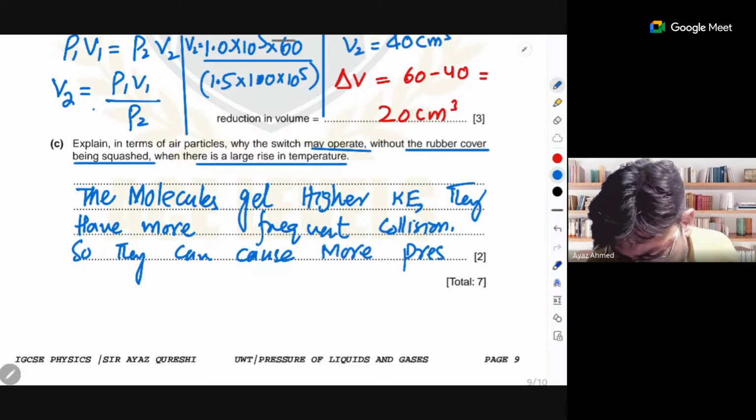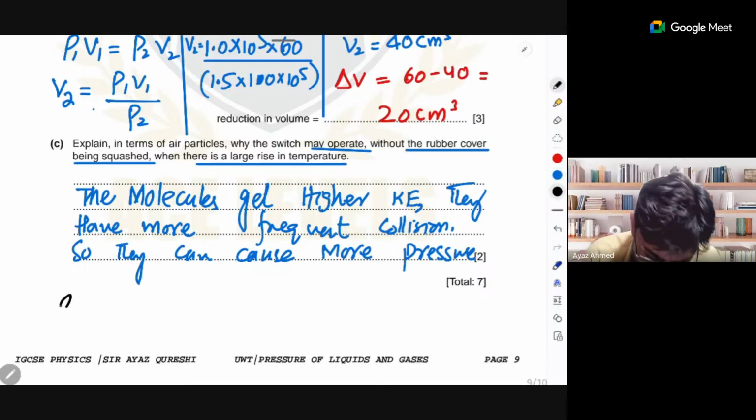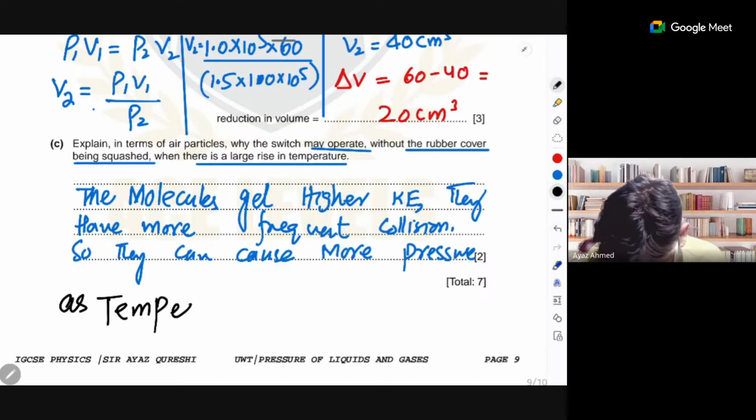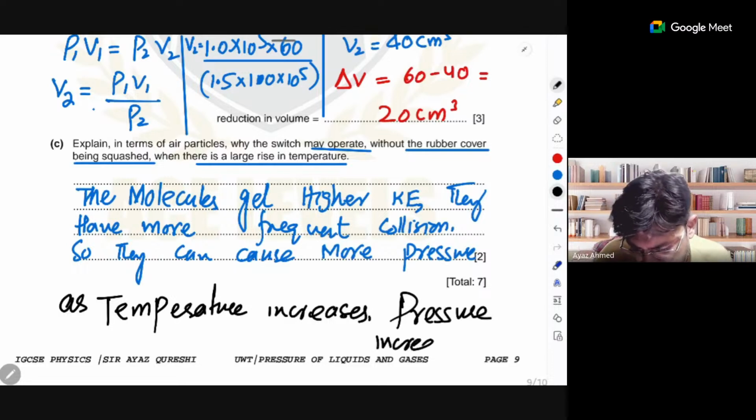You can simply say that pressure is directly proportional to temperature. As temperature increases, pressure will increase. You got the point? Is it clear to everyone?